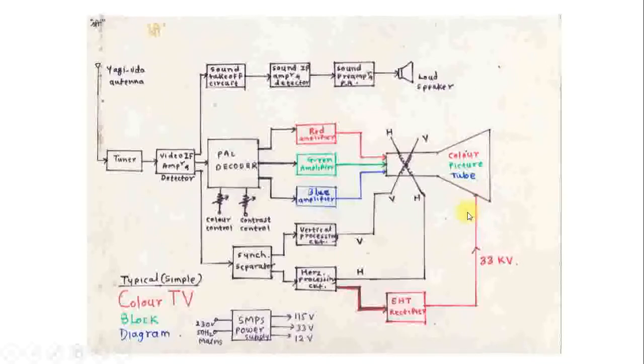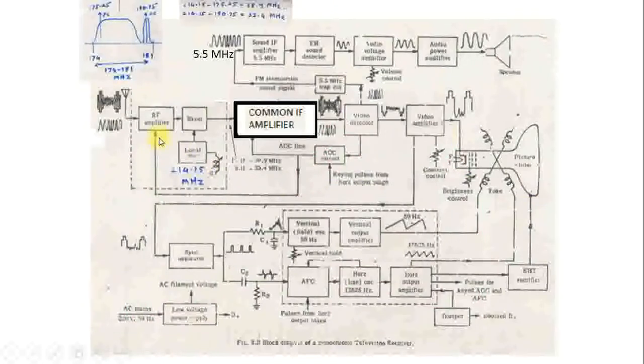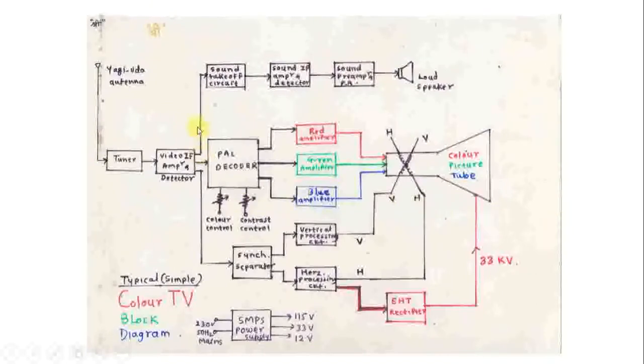So what's the main difference? If you see the black and white television block diagram, in this one the chroma section is there instead of only the video amplifier, and instead of a black and white picture tube, you will find a color picture tube. So this is the chroma section, and this is the color picture tube.